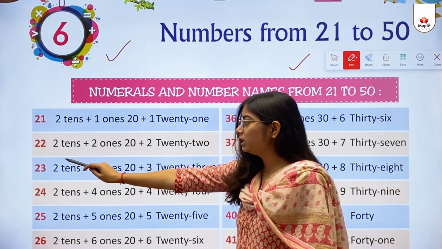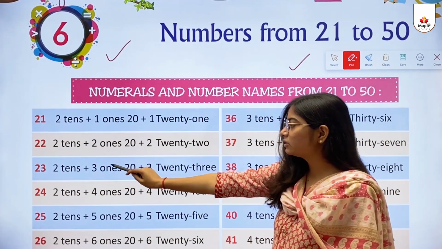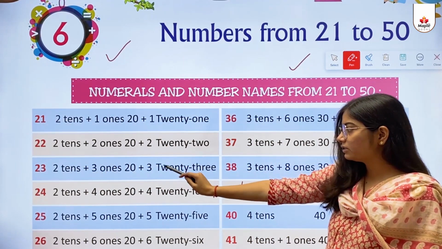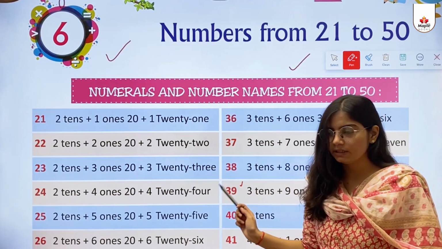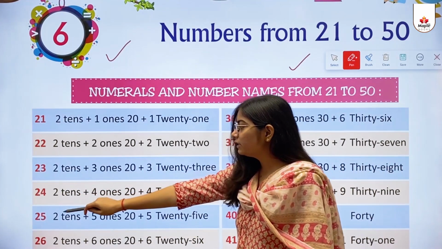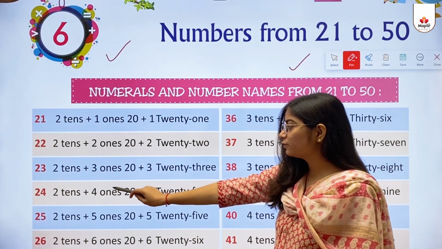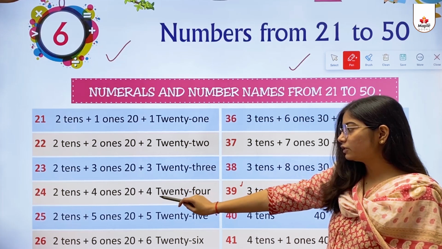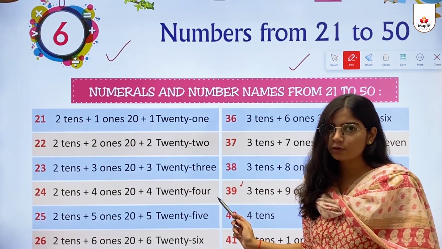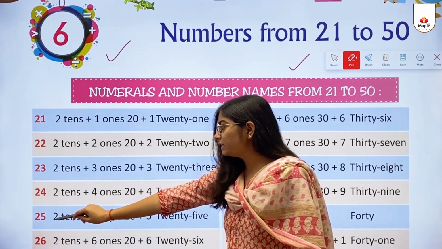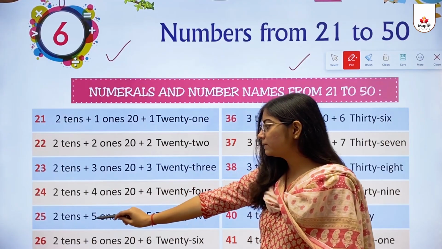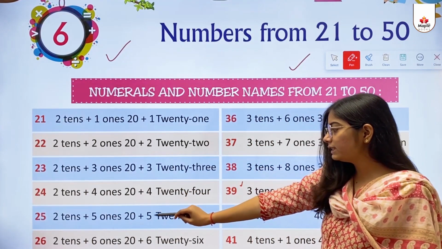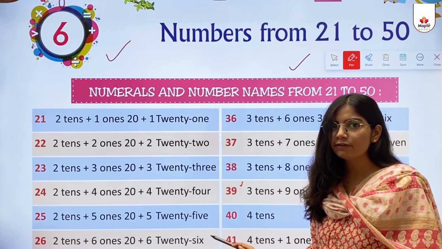Then 23, 2 tens plus 3 ones, 20 plus 3, 23. 24, 2 tens plus 4 ones, 20 plus 4, 24. 25, 2 tens plus 5 ones, 20 plus 5, 25.